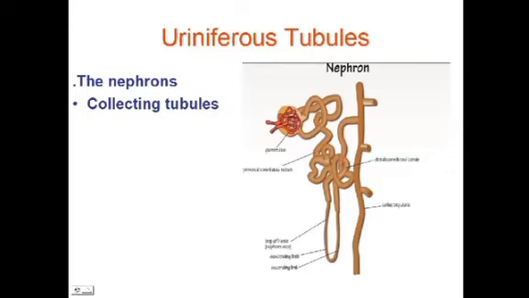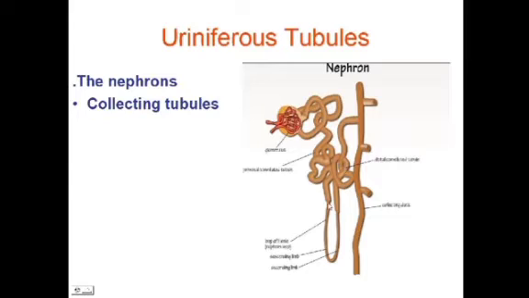Continuing from the Bowman's capsule, the remaining portions of the nephron are the proximal tubule, the intermediate tubule, and a distal tubule, which is again divided into convoluted and straight tubules. The proximal tubule consists of two segments, the pars convoluta or proximal convoluted tubule and pars recta or proximal straight tubule.